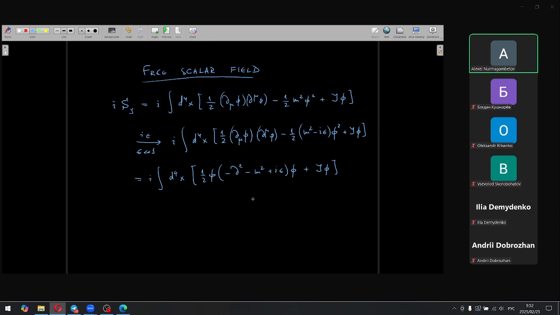And here d square is nothing but the d'Alembertian, in fact, in the four-dimensional situation, the combination d mu d mu.